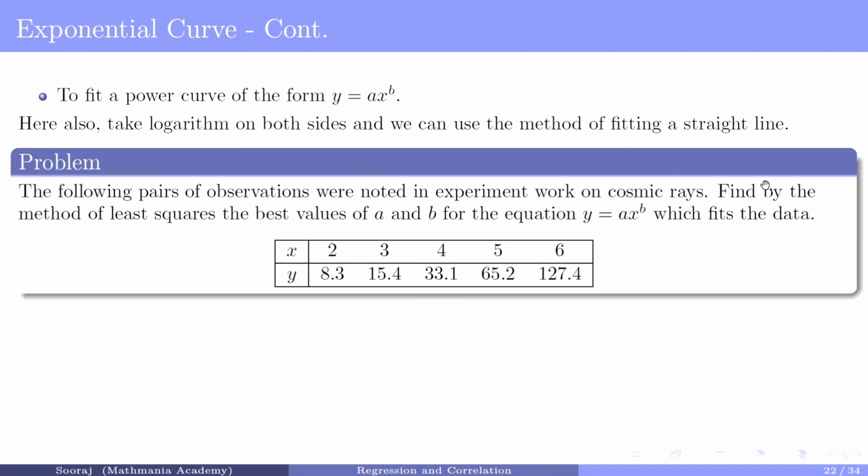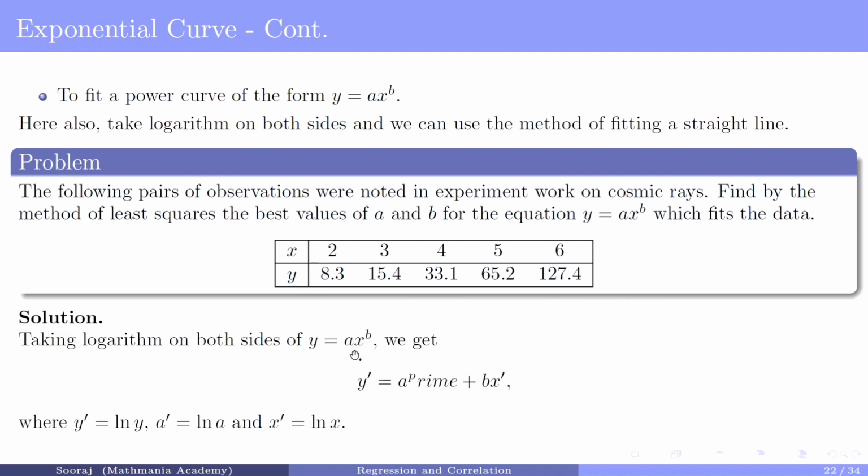Here the problem states that the following pair of observations were noted in an experiment on cosmic rays. We are asked to fit the data by the method of least squares for this equation. We have x and y. When we take a logarithm, we get log y equals a prime plus b x prime.